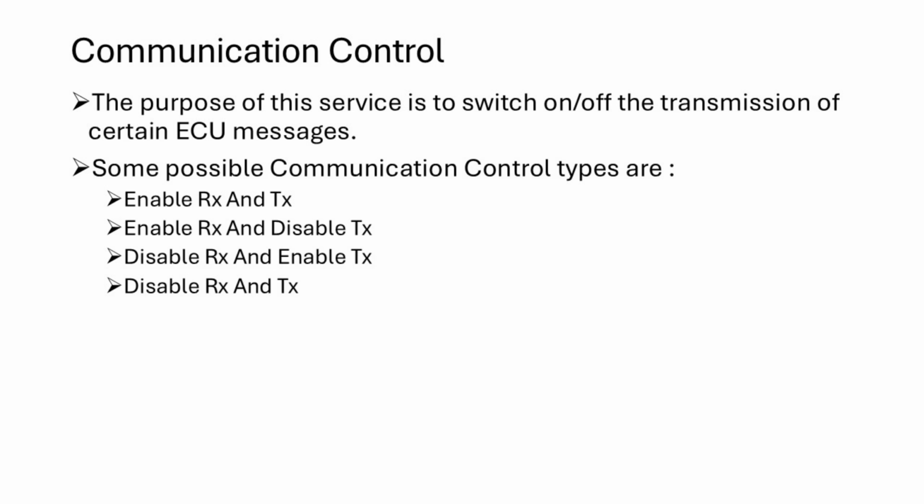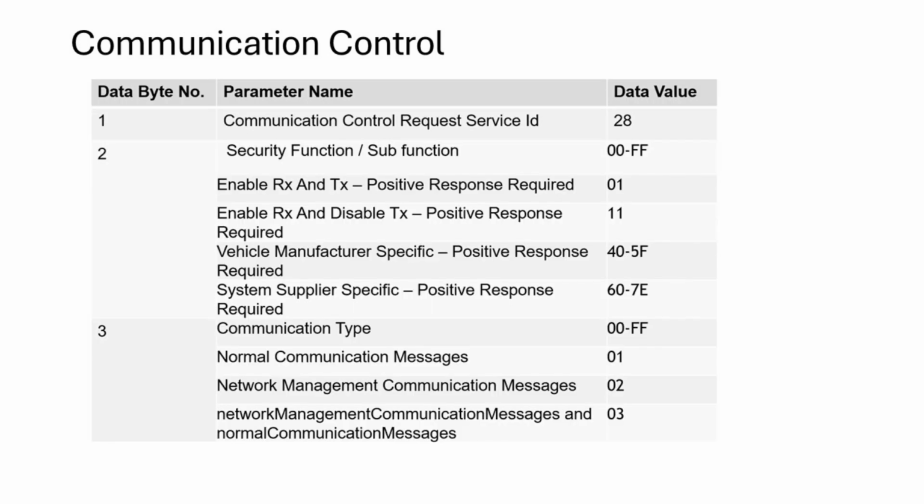So the communication control service ID is 28 and the subfunctions it supports are 00 and 01. So 00 is enable RX and TX, and the positive response is required for both enabling and disabling.